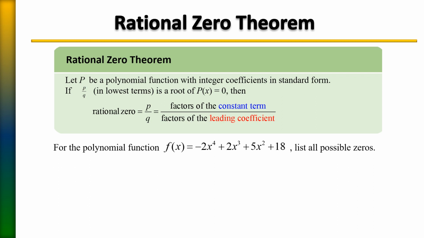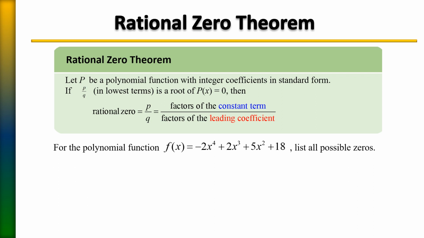The leading coefficient, when it's in standard form as such, standard form means highest degree down to the lowest degree: 4, 3, 2, and the constant. So when it's in standard form, the term with the highest degree is called the leading term, and the number in front of the variable is called the leading coefficient.